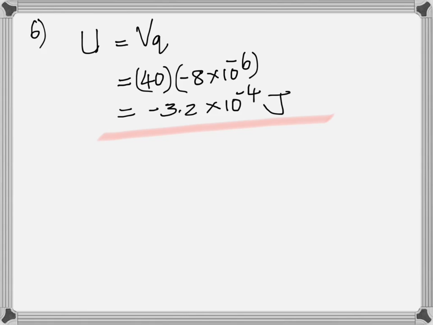U is equal to V times Q. That's the relation that you know. And the potential is given as 40 volts. And you are placing a negative 8 microcoulomb charge there, so all you got to do is multiply those to find the potential energy. And it's going to be negative that.